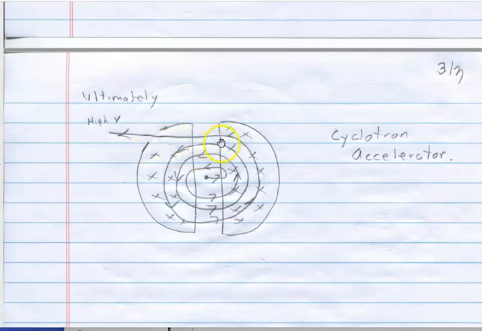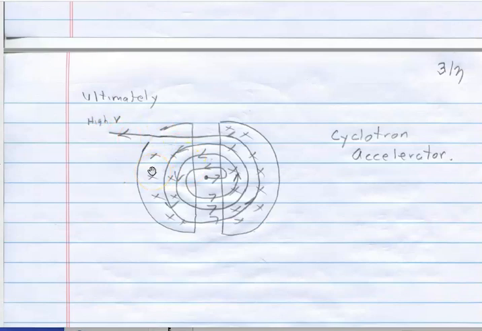There's no magnetic field in the gap region, and so when it hits here, it doesn't continue to curve, but it just goes straight. And I've cut a little window here, and I've got a high-speed beam. So you start off with a particle with essentially no velocity, and after it goes around in this ever-increasing spiral and then comes out, you've got an accelerated particle beam that is ejected at this point.